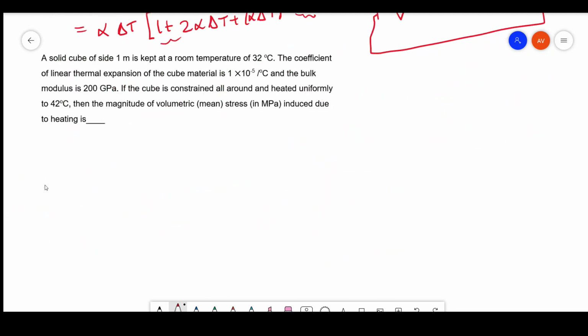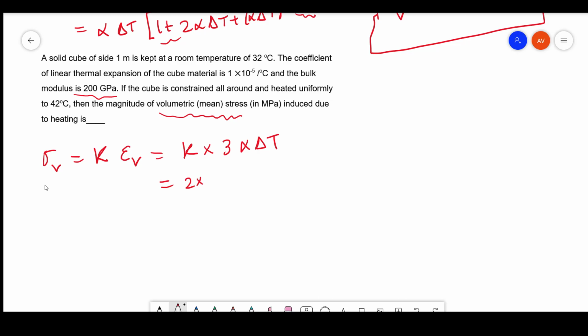Now we are supposed to find the volumetric stress. Your volumetric stress, let's say sigma v, is your bulk modulus into your volumetric strain. We found the volumetric strain to be 3 into alpha delta T. So what are we given here? Your bulk modulus, which is 200 GPa.